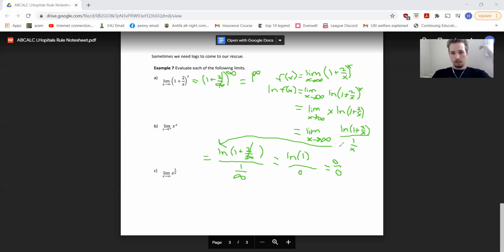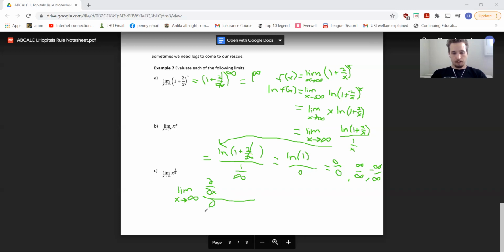Okay? So we need to differentiate both the numerator and the denominator, right? This is where L'Hopital's comes in. If you get a form of either 0 over 0, infinity over infinity, or negative infinity over infinity, then under L'Hopital's you have to differentiate both the numerator and the denominator separately.